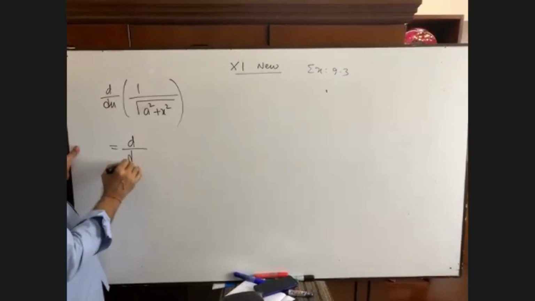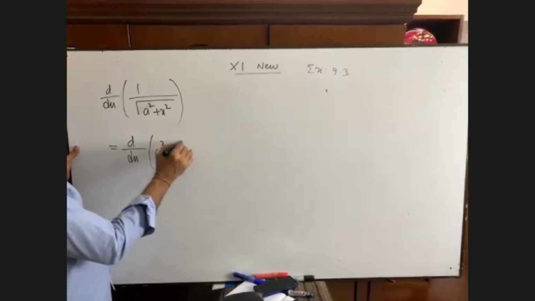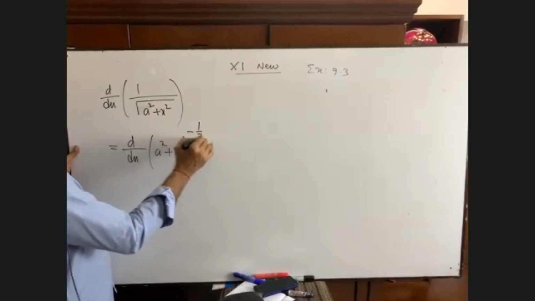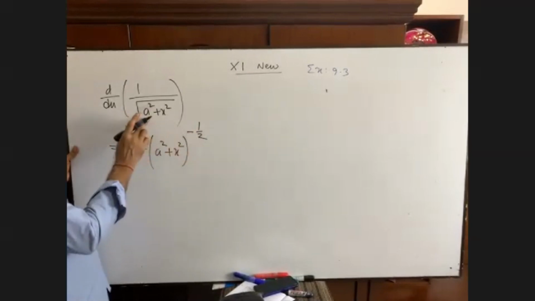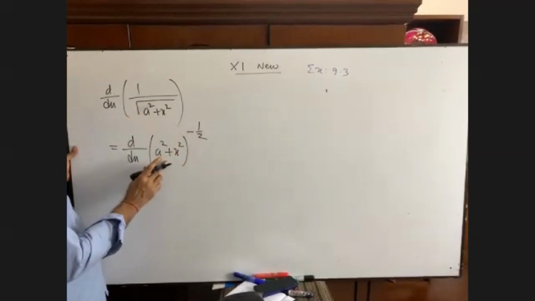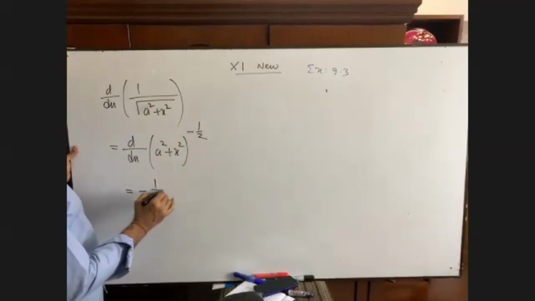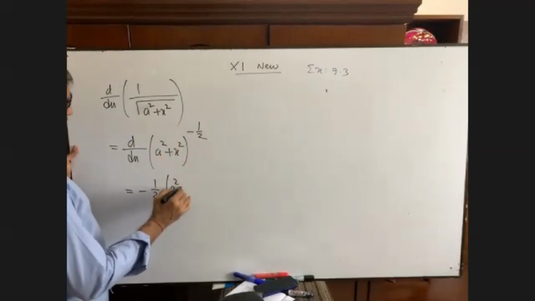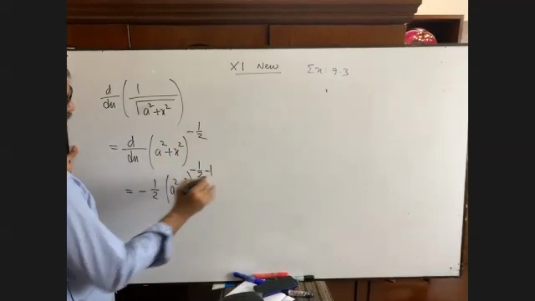It is what? d by dx of (a square plus x square) to the power minus half. It is half because of the root, and it is minus because it was in the denominator; now it is in the numerator. So we can do like the previous one: minus half (a square plus x square) whole to the power minus half minus 1.